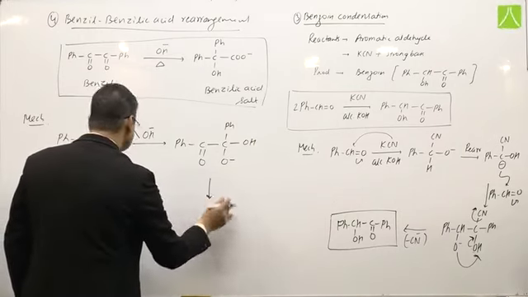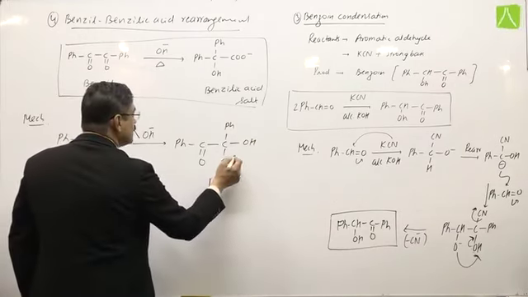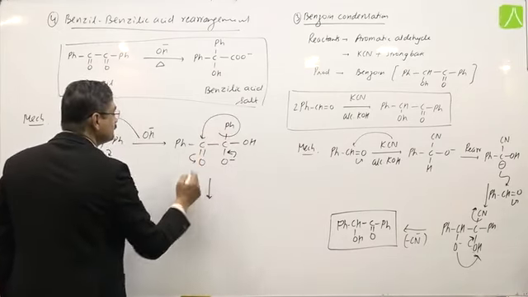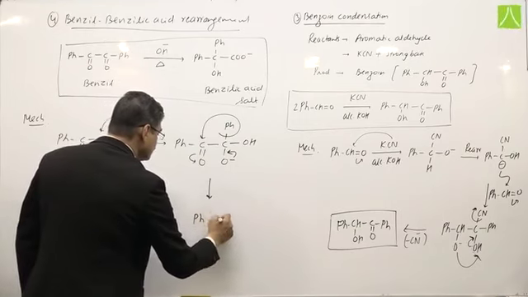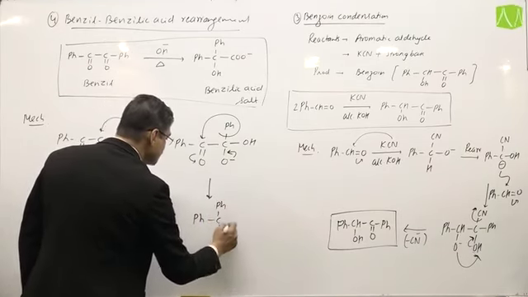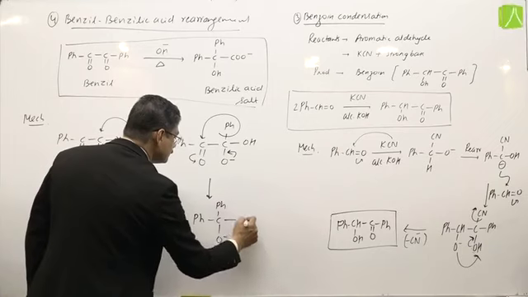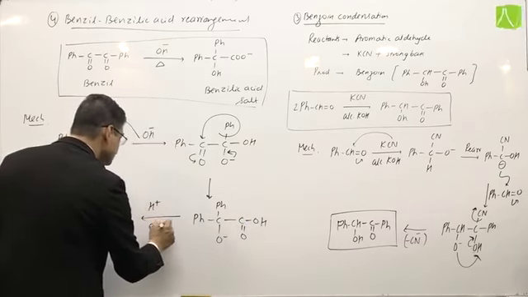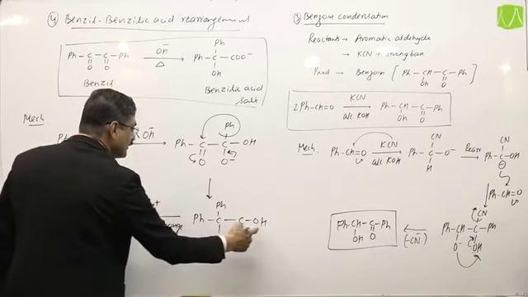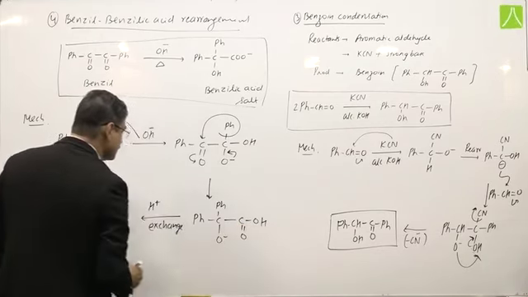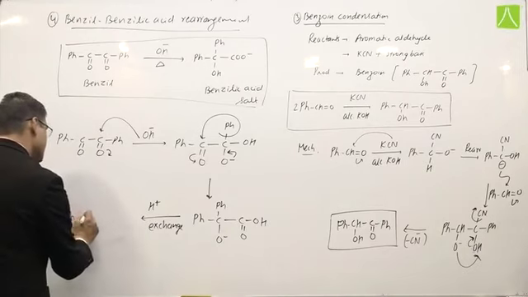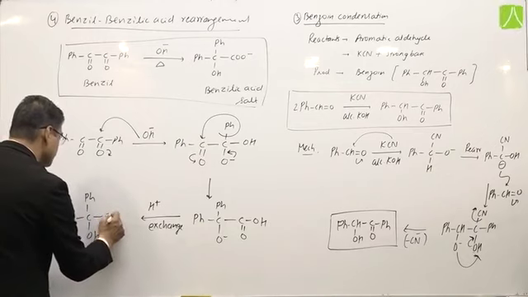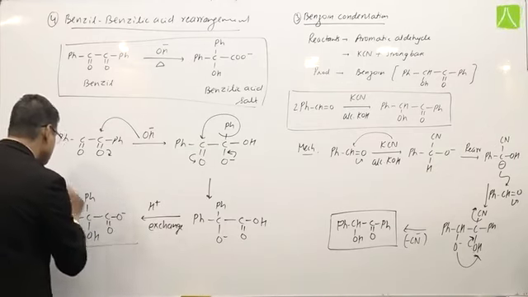Now the O minus again forms the double bond. Then phenyl transfers to the next carbon. This is the rearrangement. And after H plus exchange, acid can lose, base can accept the proton. So after exchange of the H plus, we can find the product. So this is the benzilic acid salt.